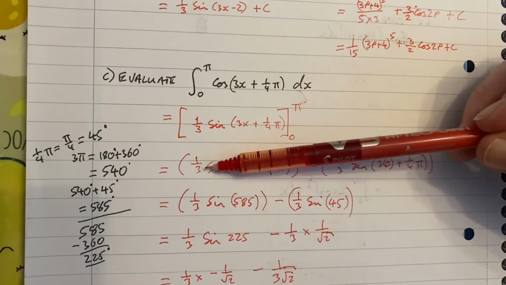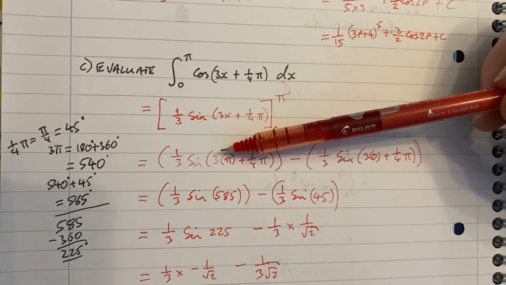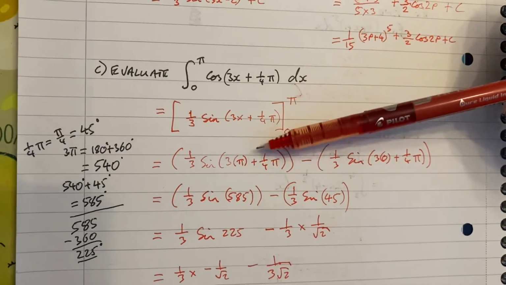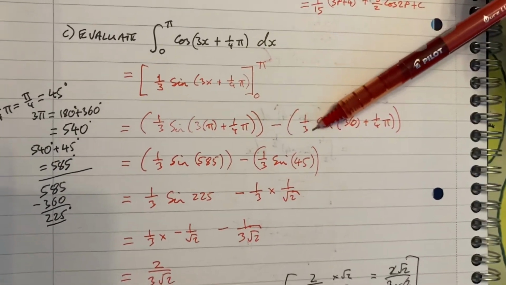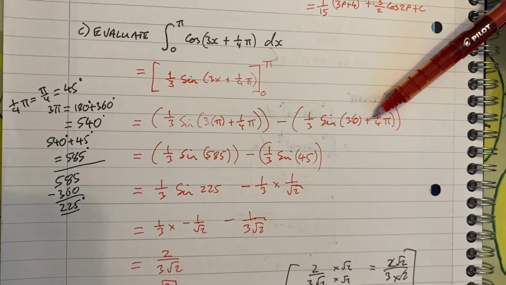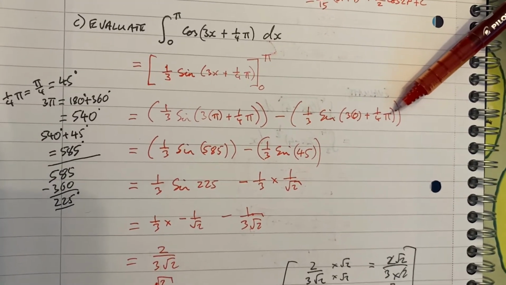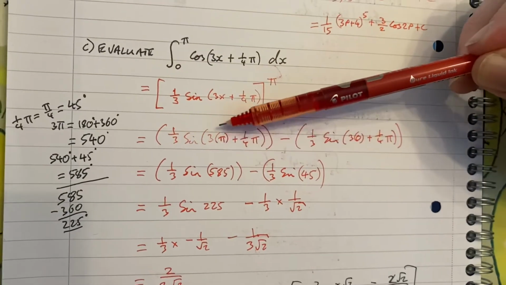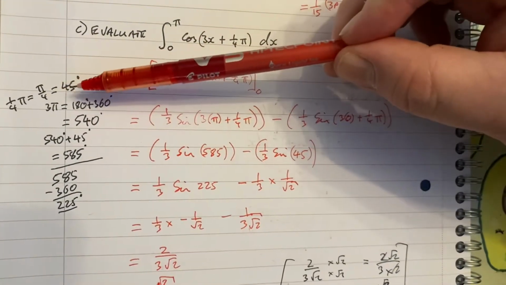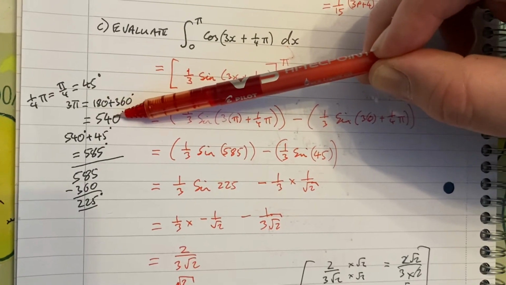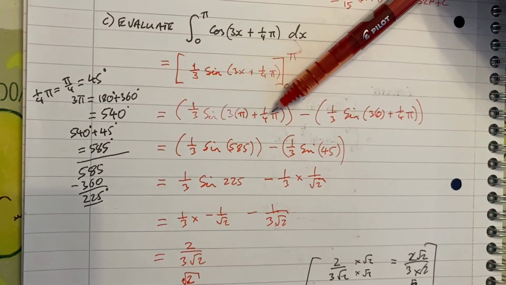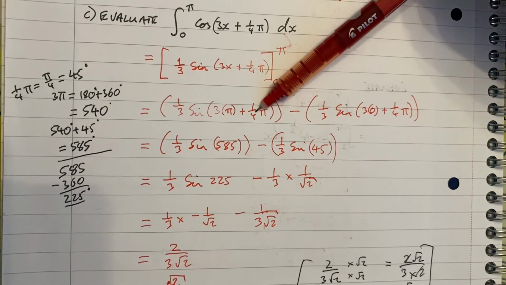So we substitute it in. 1/3 sine(3 times pi, plus a quarter of pi) minus 1/3 sine(3 lots of 0, plus a quarter of pi). So here, 3 pi is 360 and a 180. So that's 540. Add the 45, which is the pi by 4.